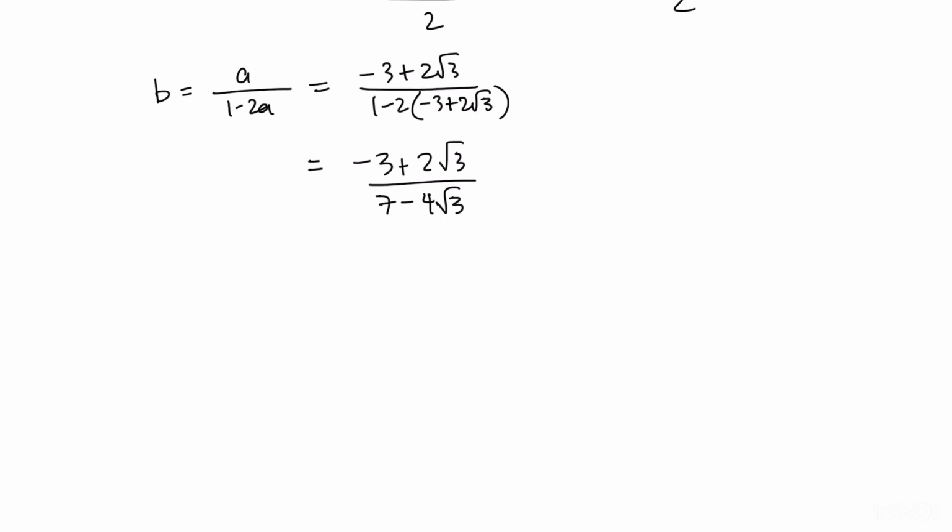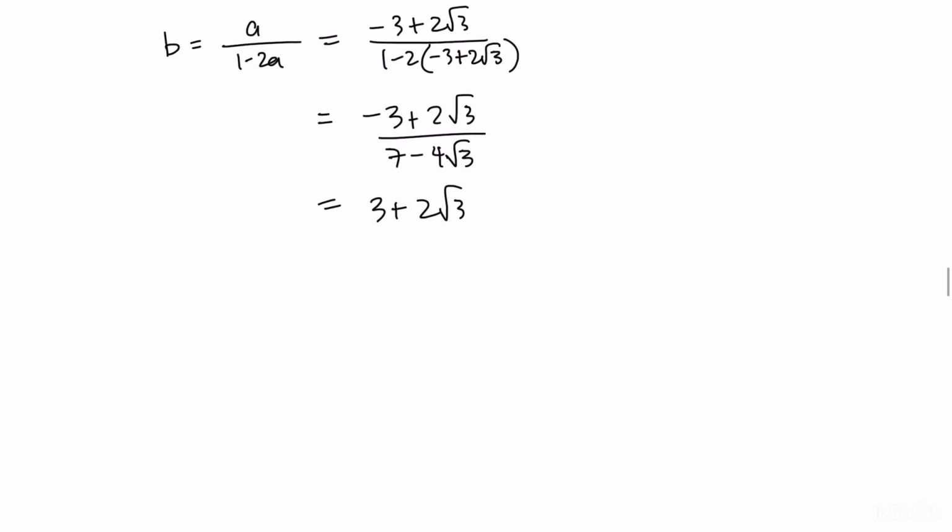Now, rationalizing the denominator and simplifying this will yield 3 plus 2 square root of 3. Now we have values of a and b.